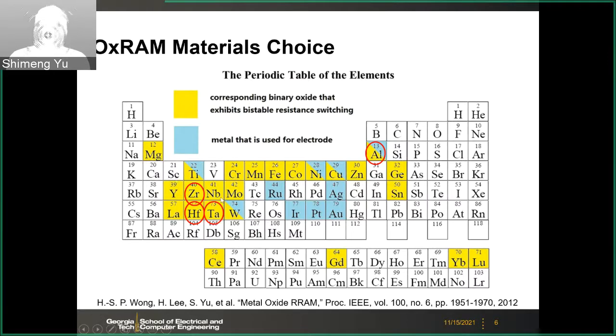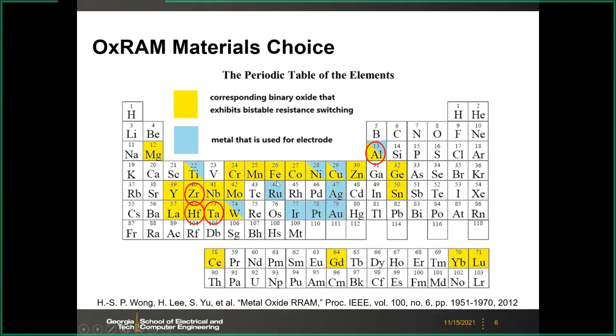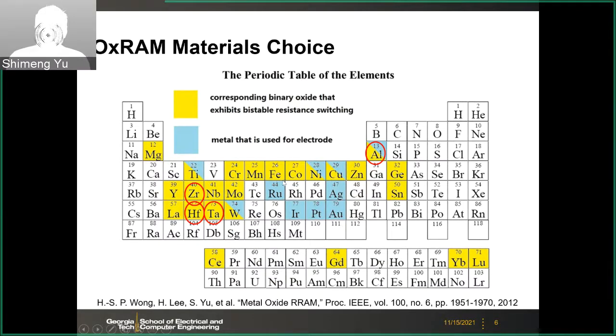So you can say most of the periodic table in the metal element region, we can have those metal oxides show the resistive switching. And then blue color here is used for the electrode material, like the platinum, or sometimes, as we see earlier, the silver and copper for the electrode.